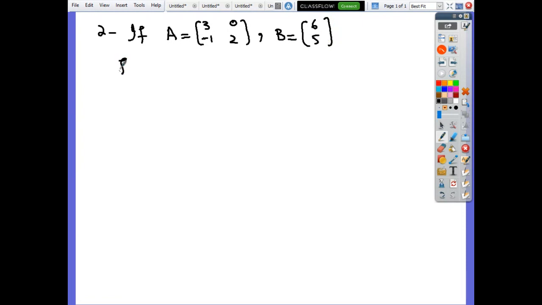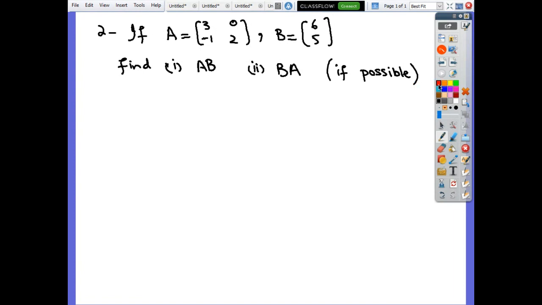Find the first part, A B, and the second part, B A. There is a condition: if possible. That is, if these matrices can be multiplied, then multiply them, otherwise not.